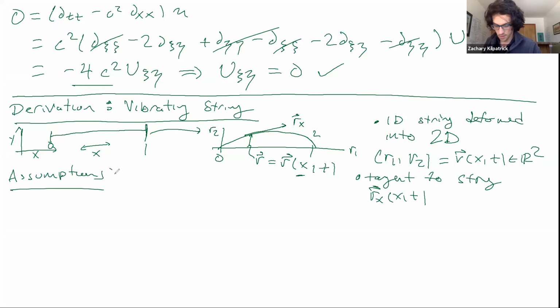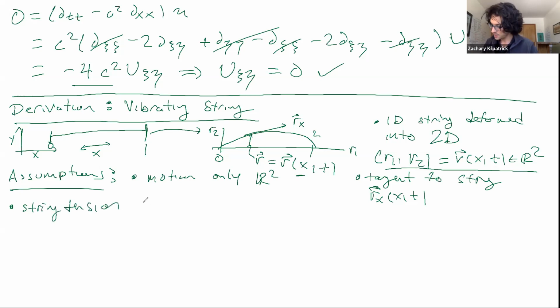So now a bit about the assumptions that we'll use. First of all, you only are going to have motion in R2, and that's given by this description here of R. The other thing is that the string tension is very large.